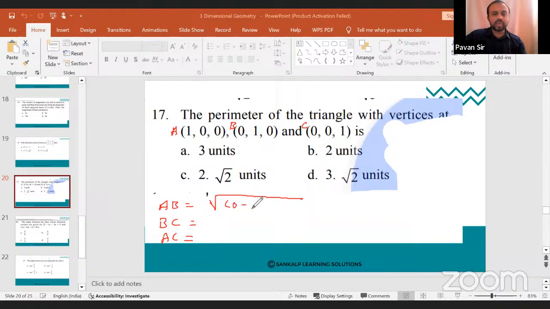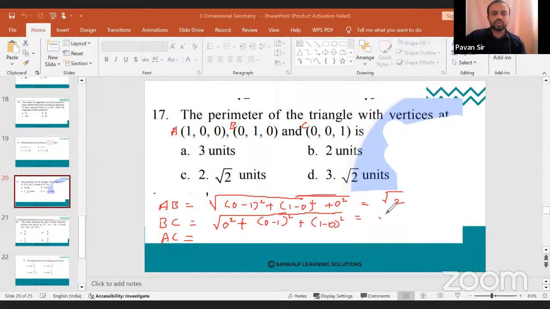For AB: 0 minus 1 the square plus 1 minus 0 the square plus 0 minus 0 square, which is 0. So what is the answer? 1 square plus 1 square, that is root 2. Similarly, for the second one, BC: 0 minus 0 square plus 0 minus 1 square plus 1 minus 0 square.